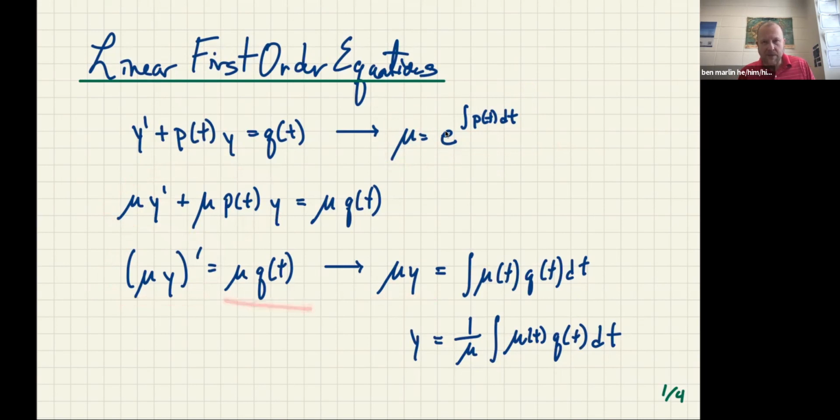The right-hand side may not be so easy, but it's something that hopefully you can integrate. And then you'll just divide out that integrating factor. Now, oftentimes, the integrating factor turns out to be something that appears again after you integrate, like an e to the t or something, and so you'll get to cancel it out, but it's not guaranteed.